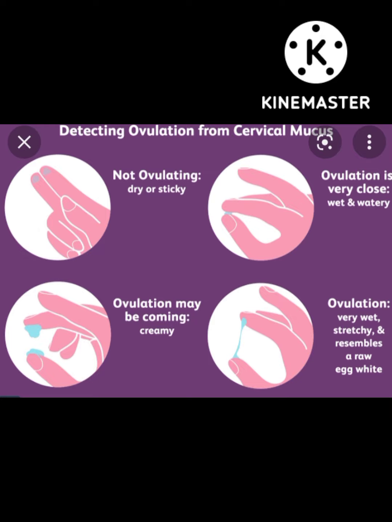Observe and record your cervical secretions on a daily chart, either on paper or an app designed to track fertility signs. Advantage of cervical mucus method. The cervical mucus method is a way to identify fertile times to help you choose the best days to have or avoid unprotected sex.